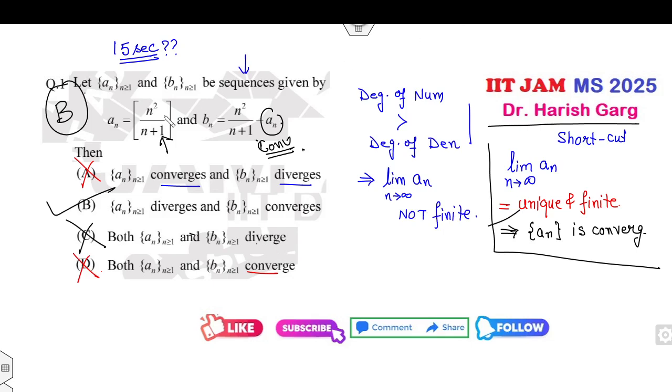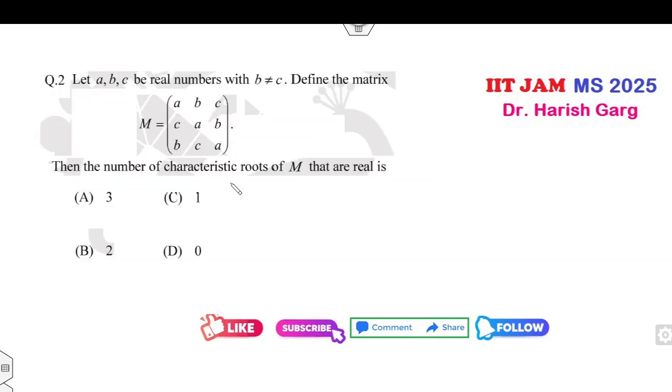Here the degree of the numerator is greater than the degree of the denominator, so a_n is divergent, and the other is 0, which is unique and finite. That's why B is the correct option. Based on either this shortcut trick or my earlier one, you can get your answer in a 15-second time period.